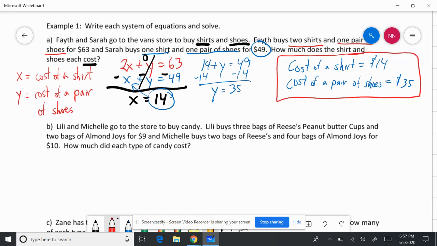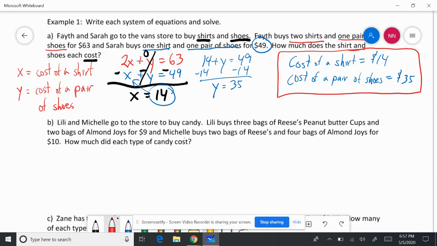Now, looking at letter B, what we have is Lily and Michelle, and they go to the store to buy candy. Lily buys 3 bags of Reese's peanut butter cups and 2 bags of Almond Joys.